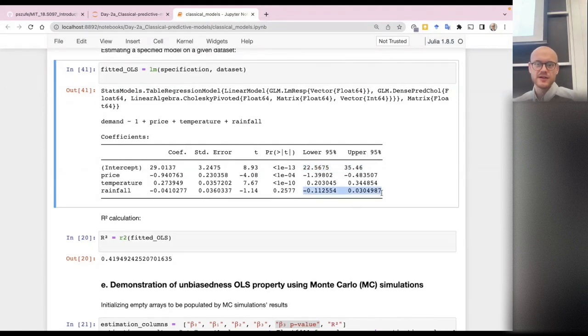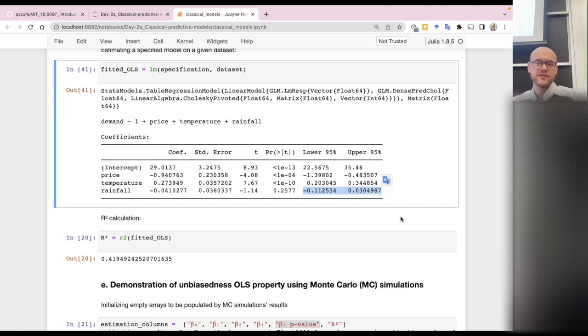On the other hand, when you see rainfall, you see this confidence interval containing 0 inside. The interval is from minus 0.1 to plus 0.03. So this interval contains 0 in between. So this estimator is not sure whether the actual true value is maybe 0.